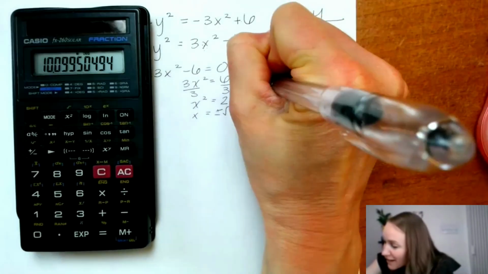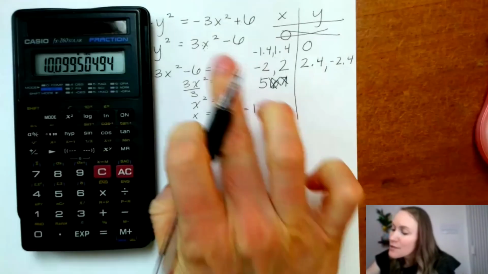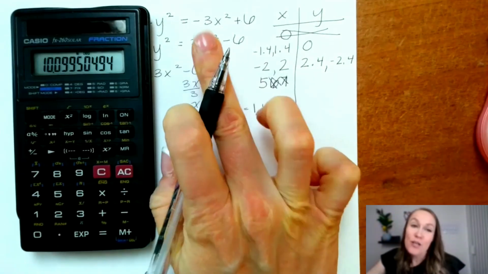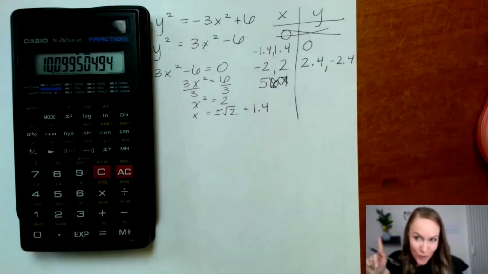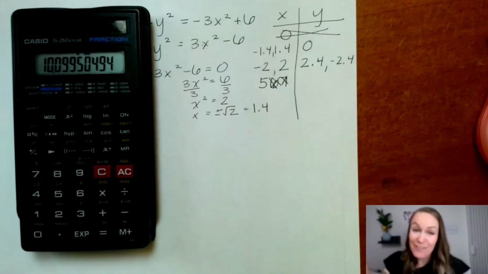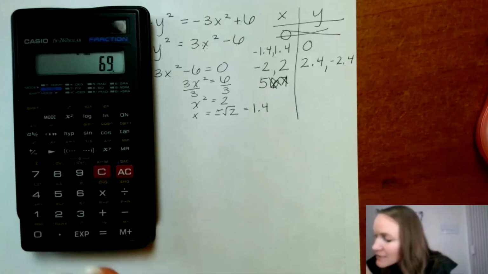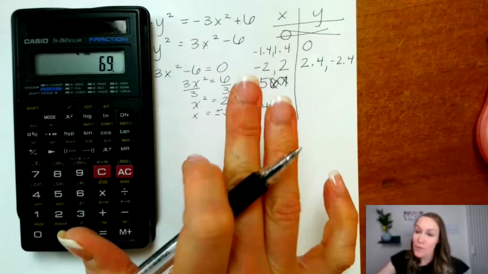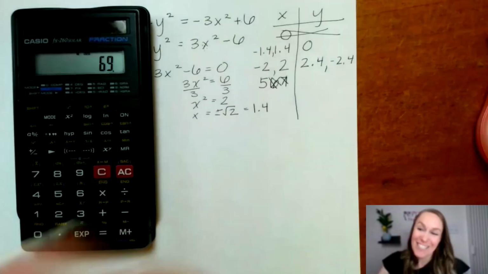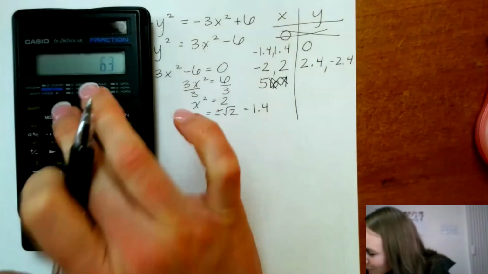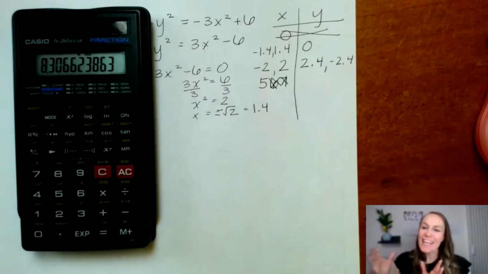We'll try 5. 5 squared is 25. 25 times 3, think in quarters. So that gives me 75. 75 minus 6 is 69, right? So let's go ahead and take the square root of this and see what we get. Square root, 8.3. Hey, let's work with that. I think that's a good starting point here.